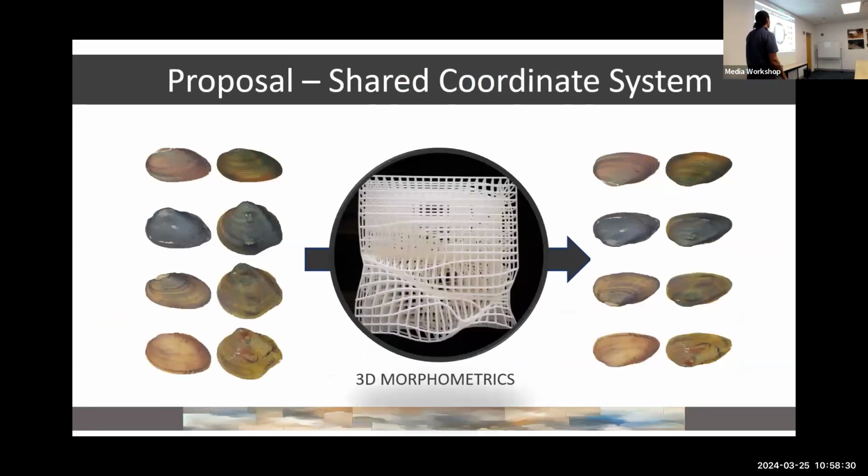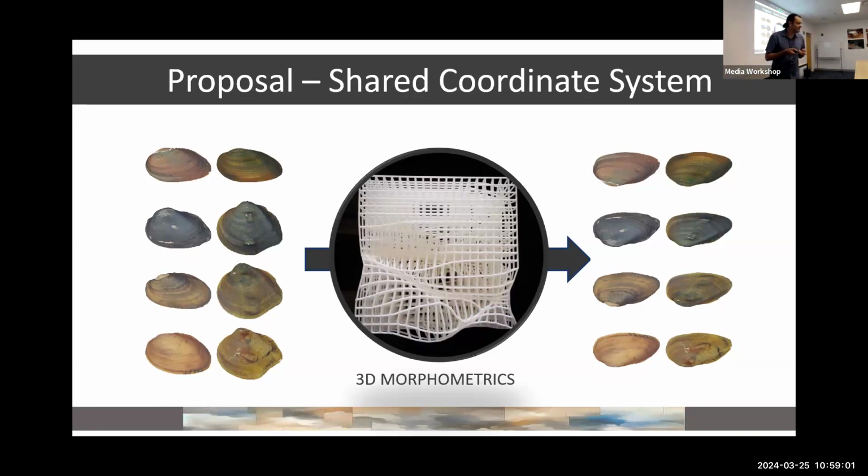Ultimately, I think we will only be able to deal with color information and find a tool set that can deal with that information in 3D if we incorporate our color tools into our 3D morphometric tools. Morphometric tools basically aim at doing one thing, which is to place specimens in a shared coordinate system.